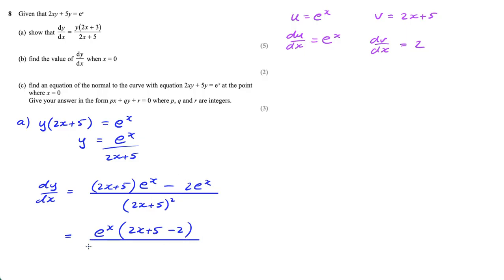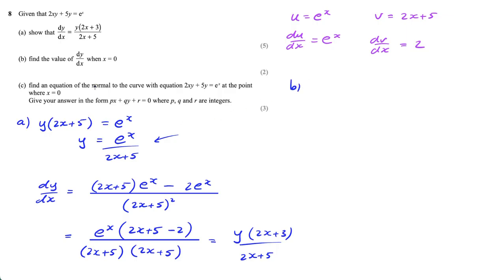And then the denominator is obviously 2x plus 5 times 2x plus 5. Now e to the x over 2x plus 5 is y. And this is just 2x plus 3, because 5 minus 2 is 3, and then all over 2x plus 5. So we're done.